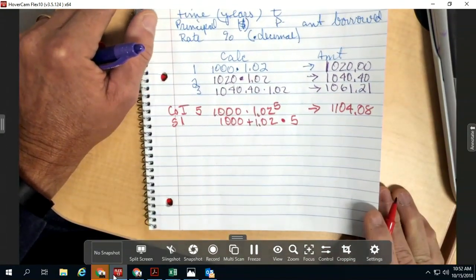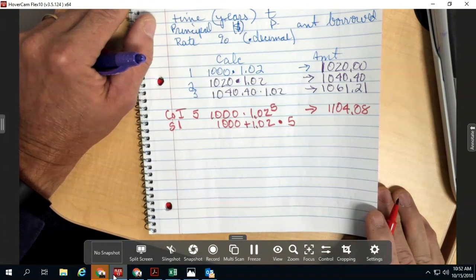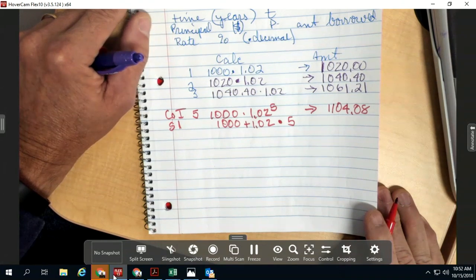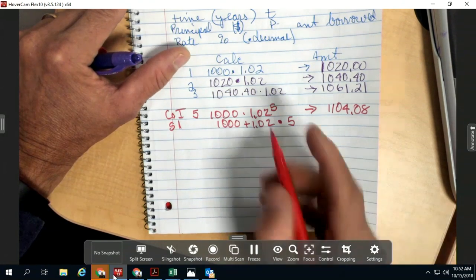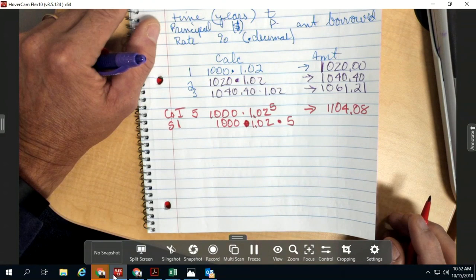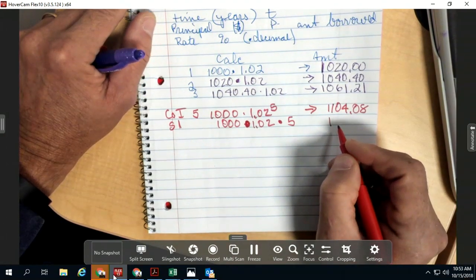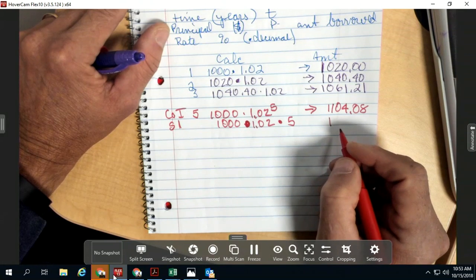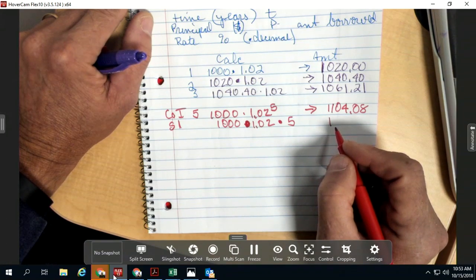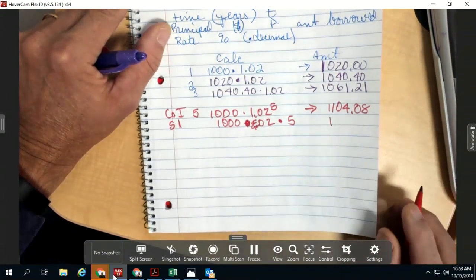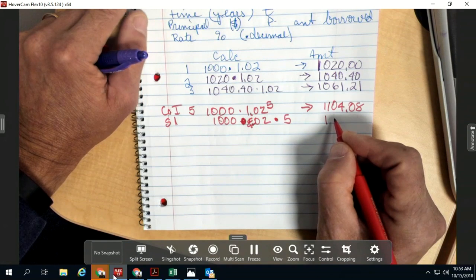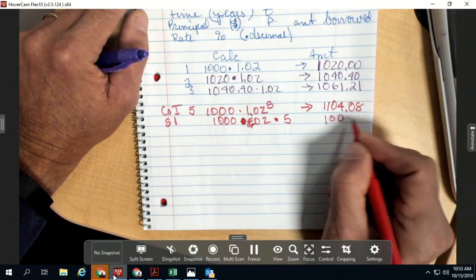Oh, I'm sorry, I made a mistake there someplace, this is supposed to be times. 0.02 times 5 is $100 exactly.